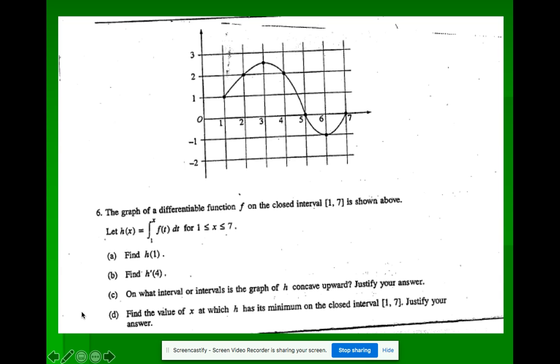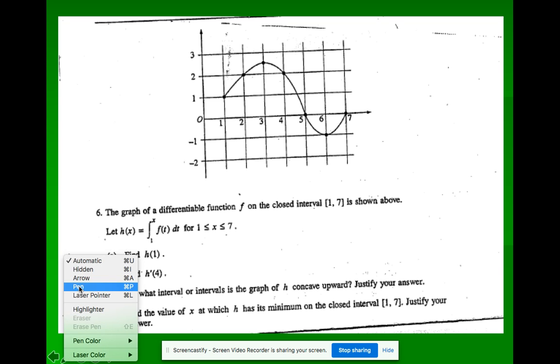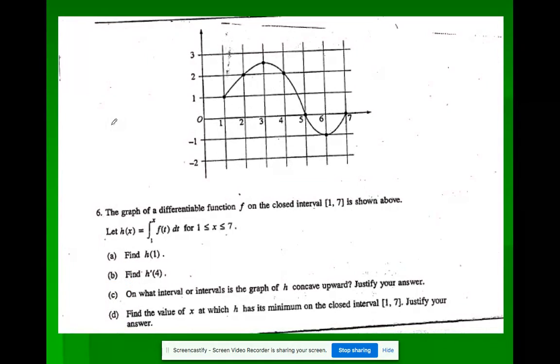Hey kids, ready for another day of accumulation functions. Remember, our big idea is that we have an accumulation function.